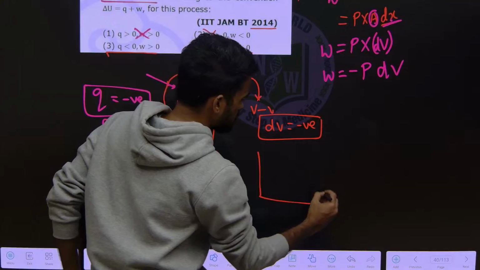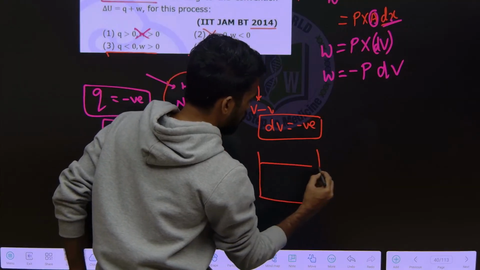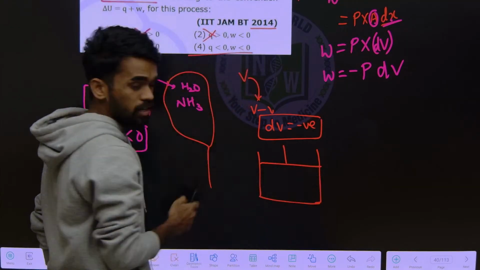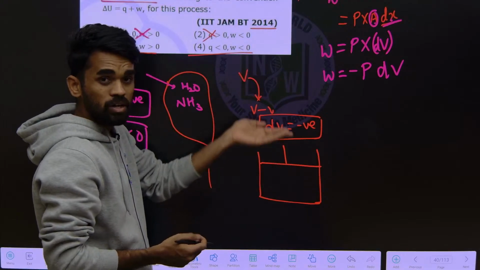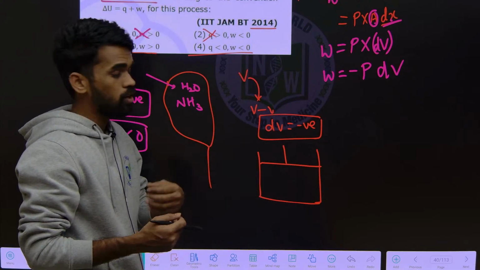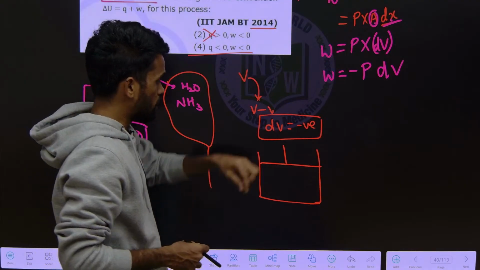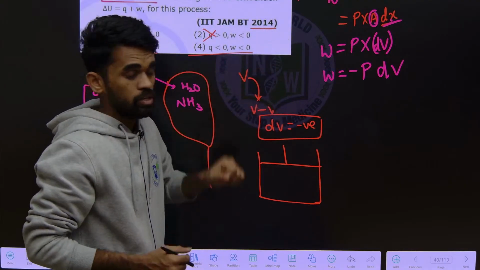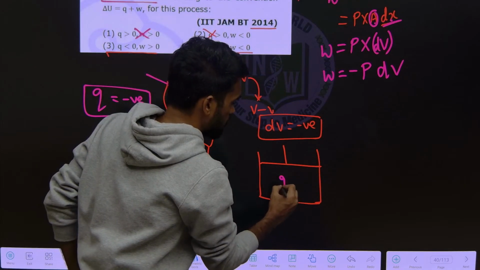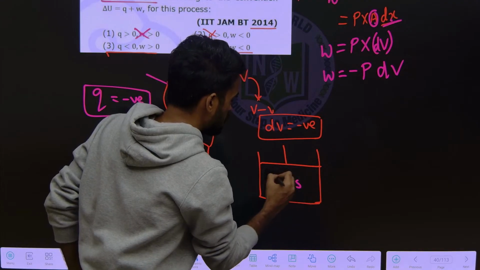Here I have a piston fitted to this container. This piston can move up and down easily. You ignore its gravitational force and all. It can move up and down freely. Now what happens inside this container? I have some gas, let us say some ideal gas.